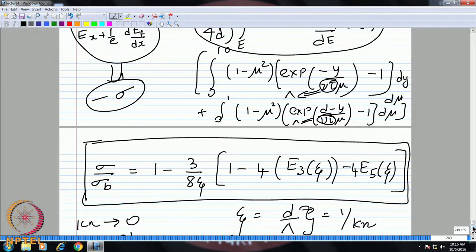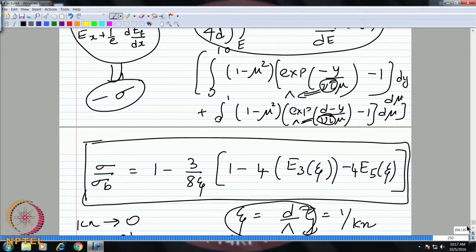If you first integrate with respect to y, all the y's will be replaced with d. Then you will simply have a non dimensional parameter d by lambda, which is your zeta, the inverse of your Knudsen number.